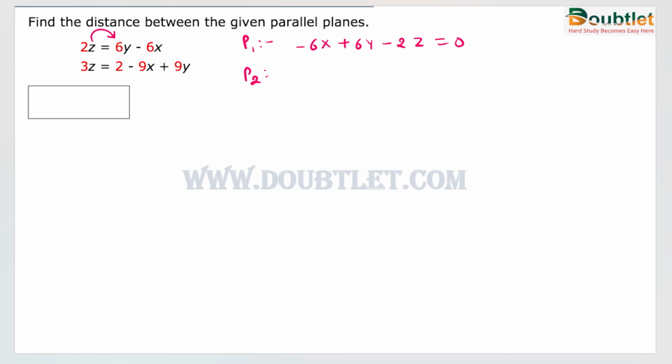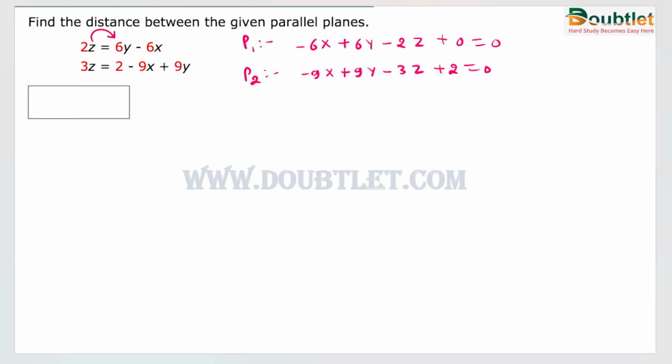And the plane P2 equation is -9x + 9y - 3z + 2 = 0. Here the constant term is missing in P1, so we will write this as plus 0 equals 0.